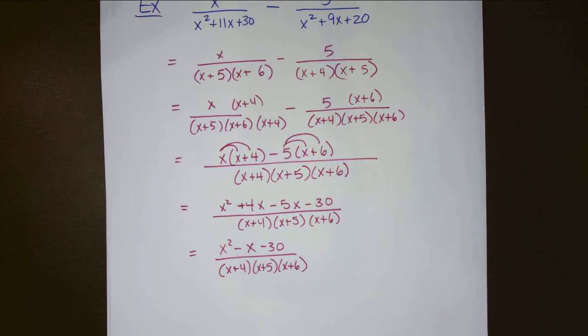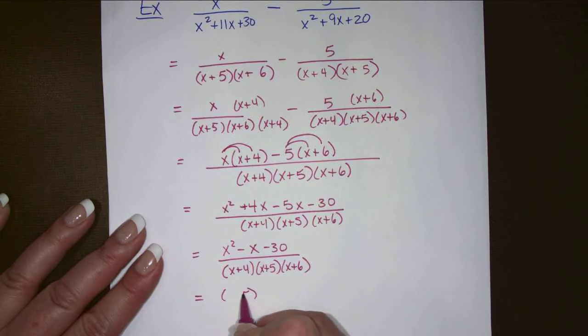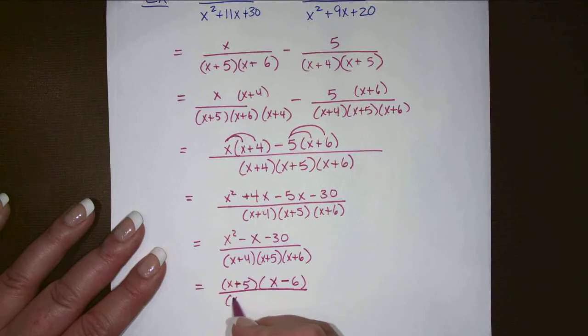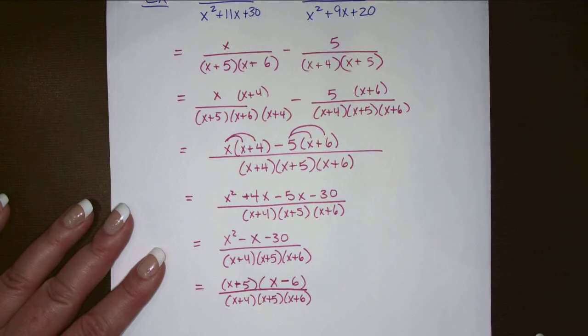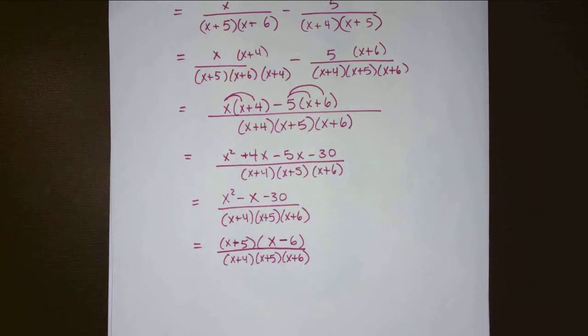Yeah, 5 and 6. 5 and 6 multiplied is 30, and to add to negative 1, or subtract, there we go. Okay. Now we've gone from two separate fractions, put them together, common denominator, factored both the top and the bottom, and does anything cancel?